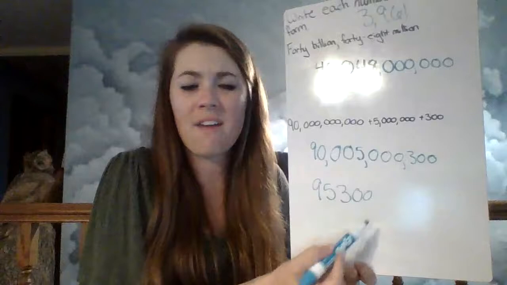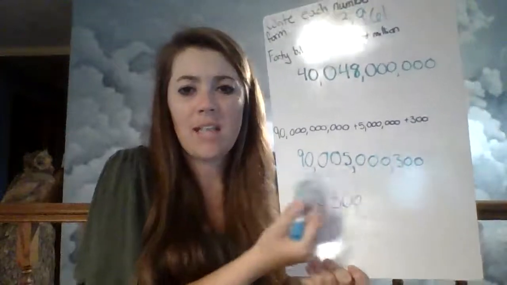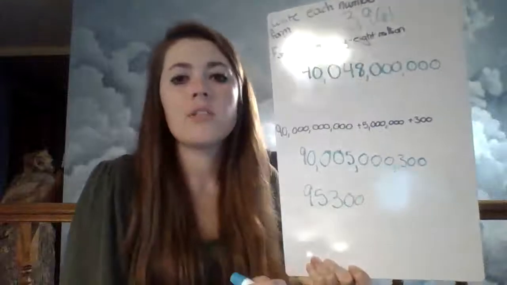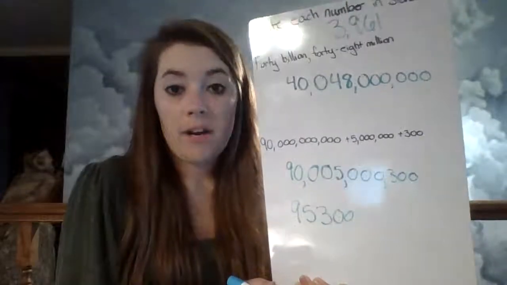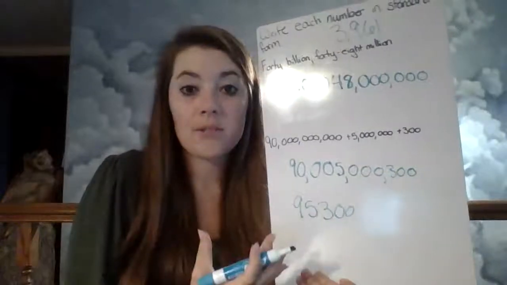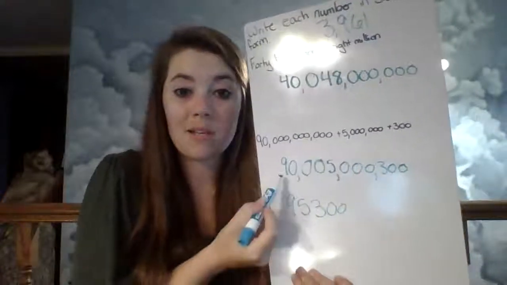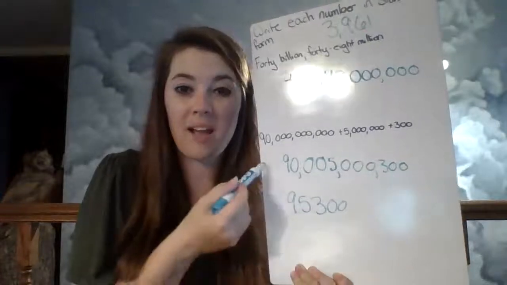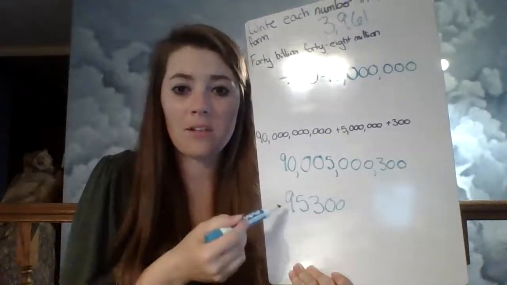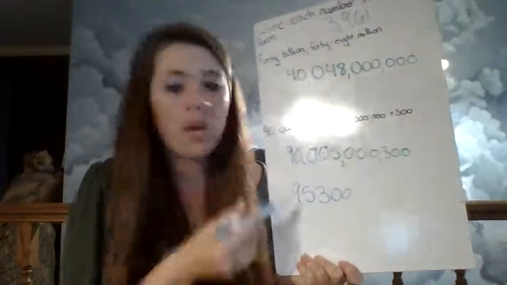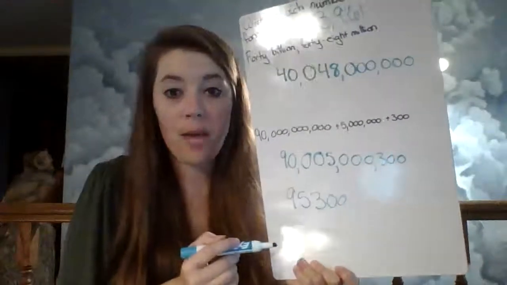That's only 95,300. 90 billion, 5 million, 300. So be very, very careful with what these numbers represent, what their place values are. We don't want to decrease this from 90 billion down to just 95,000. Would you want to go from having $90 billion to just 95,000? No, I don't think so. So be careful with those place values, okay?